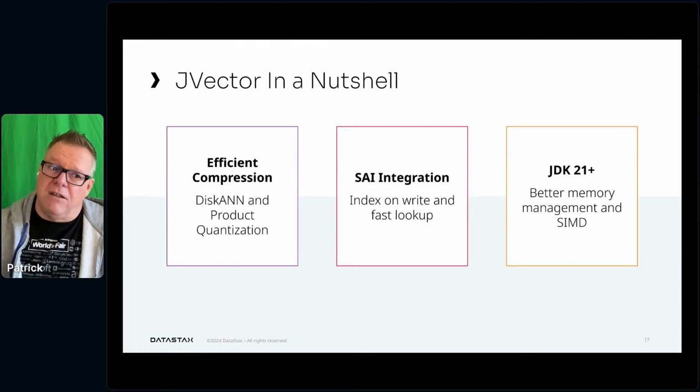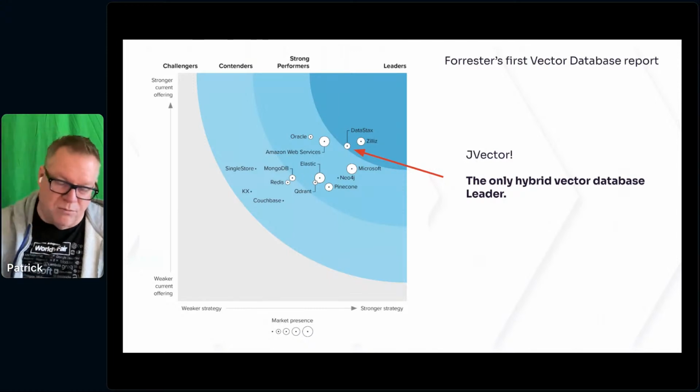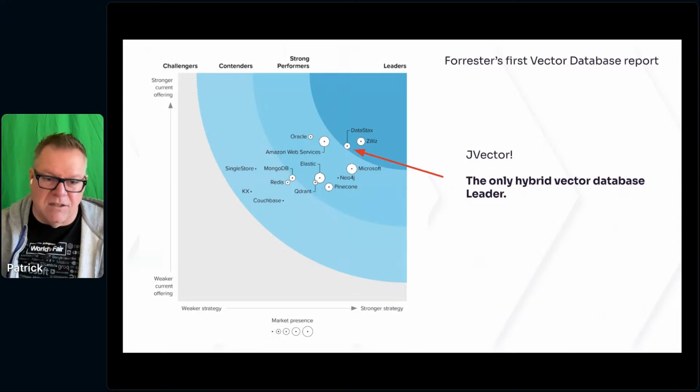So how's it going? Well, Forrester, if you follow any of these things, is one of the analyst firms that puts out quadrants and waves and everything else. Forrester did their first evaluation of vector databases, and they evaluated what we're doing with JVector. Well, it was in Astra, but JVector is what they evaluated.